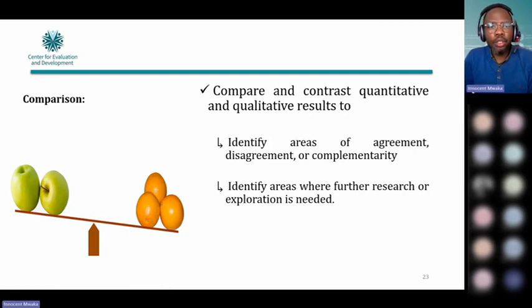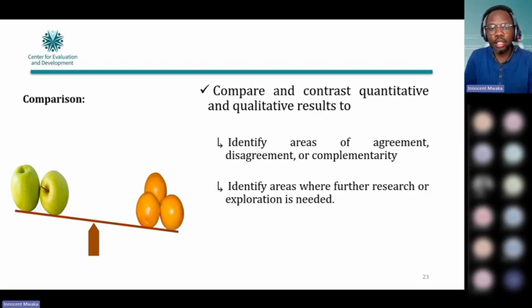And then, again, when we're looking at convergence, as I already mentioned before, it's not just trying to find where you agree with the quantitative results.